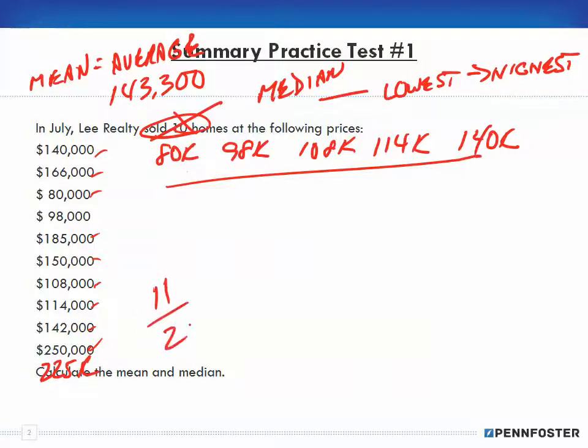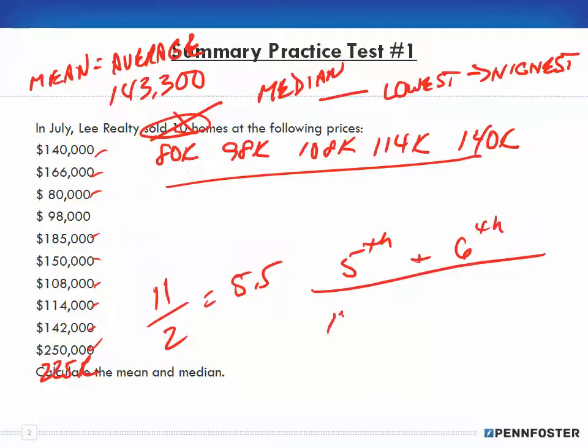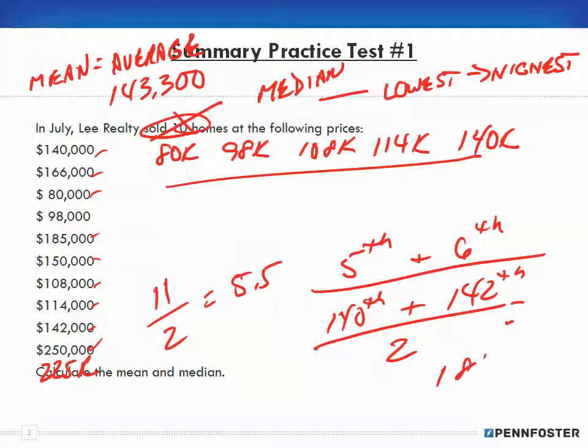So I divide by 2, and I get 5.5, meaning I need to find out what's between the fifth and the sixth data point. Well, we know the fifth data point is 140,000, and the sixth data point is 142,000. So I'm going to add those two together and divide by 2.